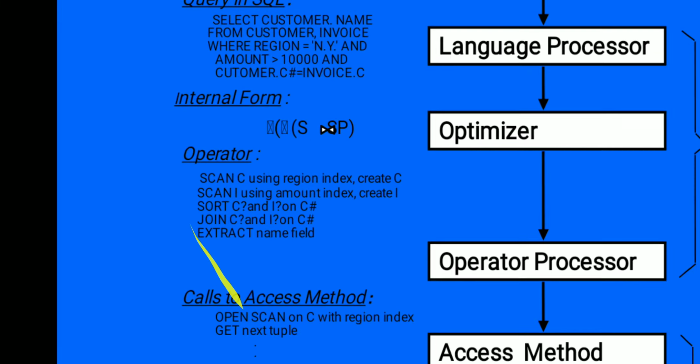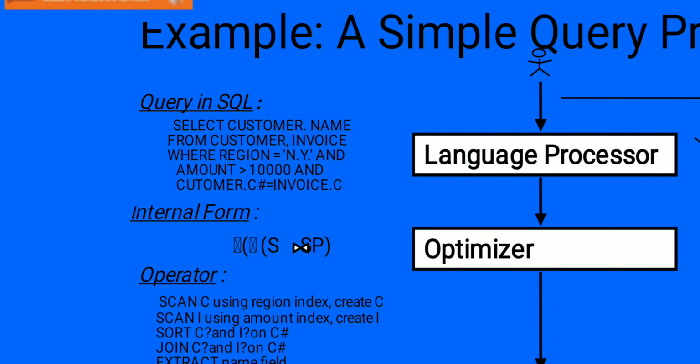In query language, see the example: select customer name from customer, invoice where reason equals NY and amount greater than 10,000 and customer.c# equals invoice.c. Here it is a query that comes under the language processor.